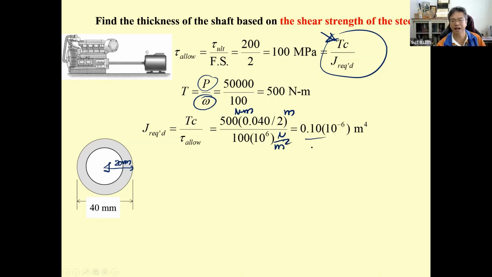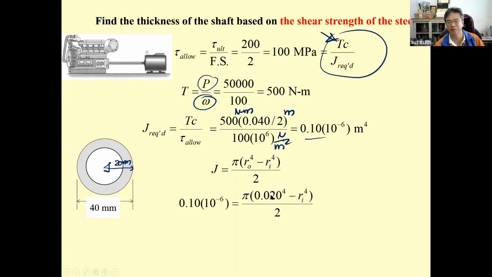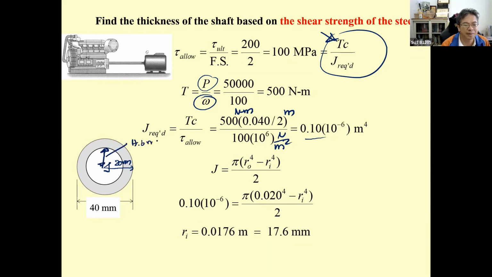You get the J, and then this J is going to be equal to pi over 2, and then you solve it for the r sub i. That is going to be 17.6 millimeter. So the thickness is just 20 minus 17.6. You get 2.4 millimeter thickness.